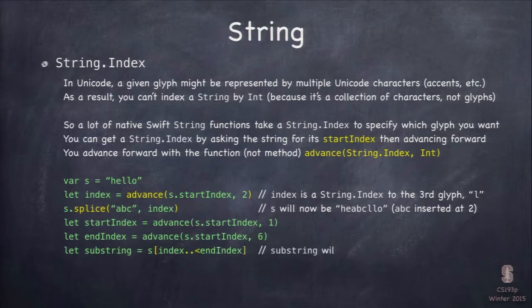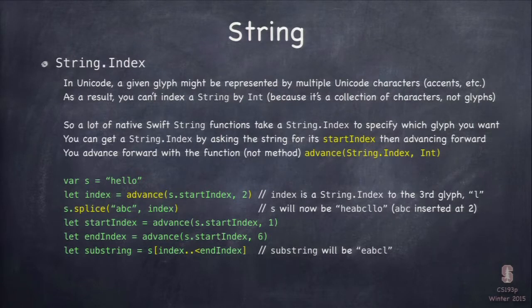Also, if I have two local variables, start index and end index, which I made by taking advance of the start index by 1 and 6, so I want to go from index 1 to index 6, then I could get a substring. I get a substring in a string exactly the same as in an array: square brackets, string, square brackets, but inside the square brackets goes a range, and the range, the dot dot dot thing, has to have a string dot index on the left and a string dot index on the right, not ints.